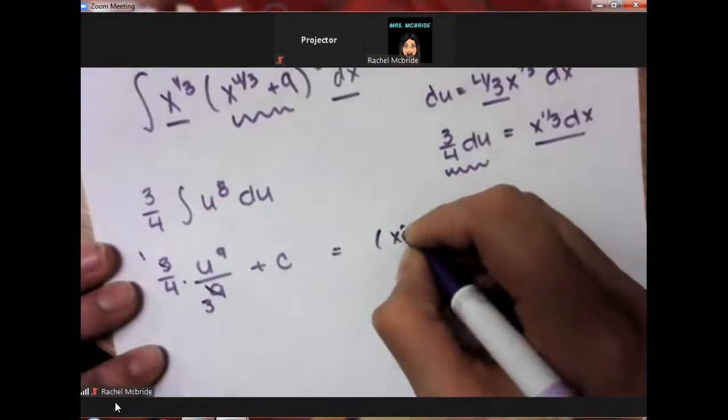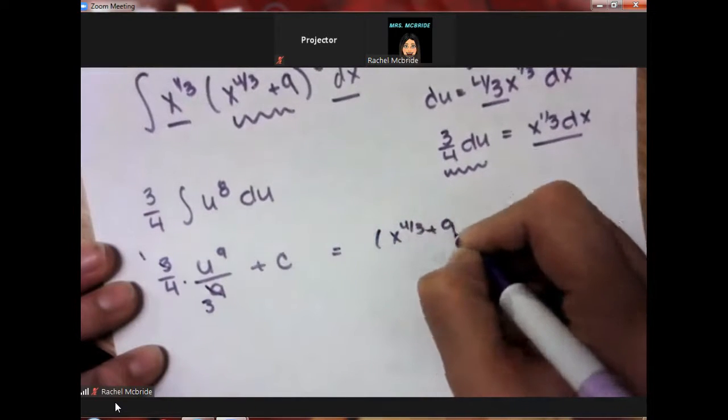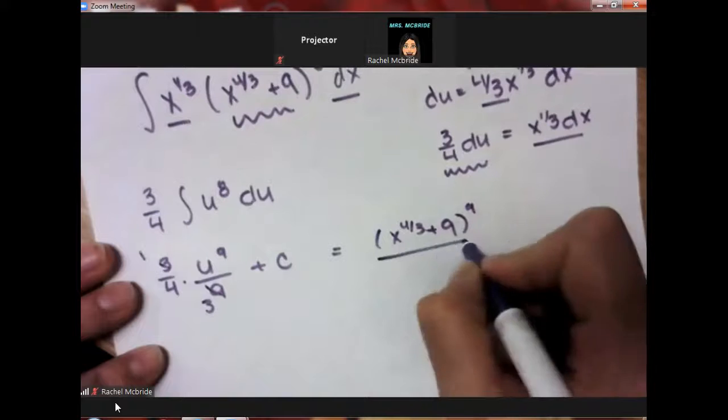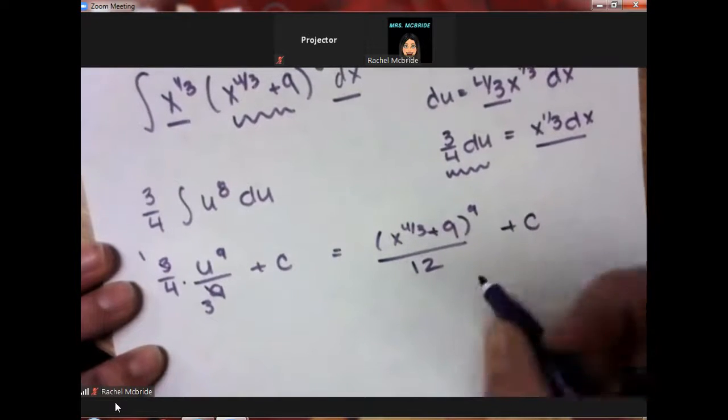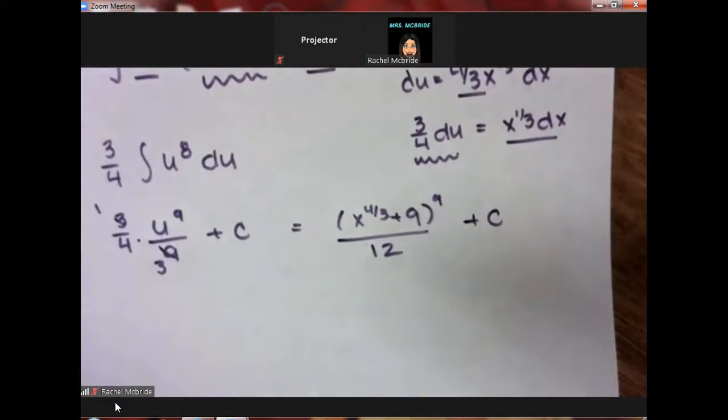So you get x to the 4/3 plus 9 to the 9, all over 4 times 3, which is 12, plus c. And that should have given you 20, that should have been problem number 21.